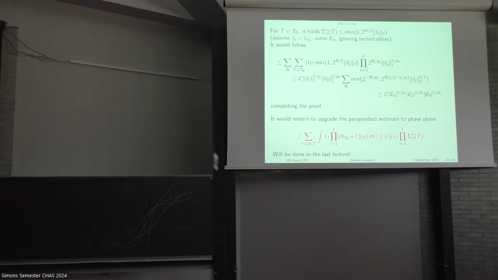So it will be giving a factor 2 to minus n. So we will be summing over all the integers, and we will be having this kind of function here to sum. So it will be small when n grows large, and it will also be small when n goes small. So it is having geometric decay in both directions.